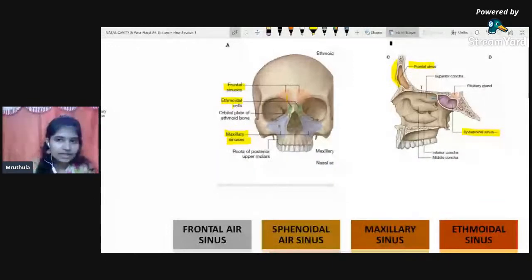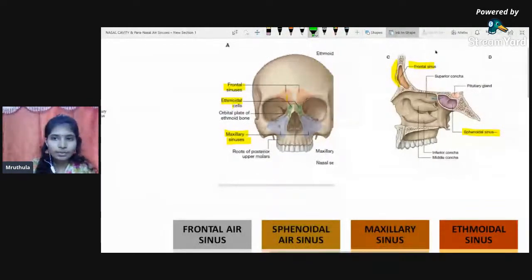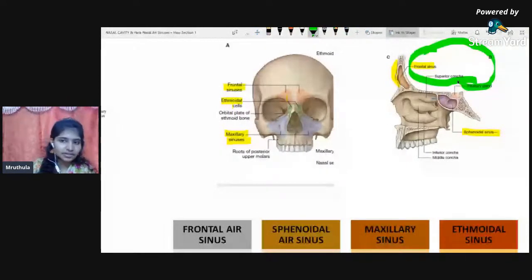What could be present here? I've just drawn that for you. Any guesses?